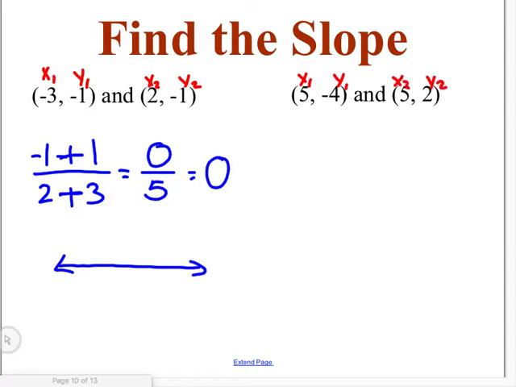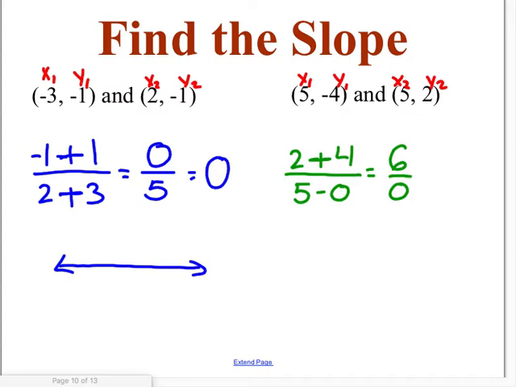The other one that we have over here, again, x1, y1, x2, y2. When I plug that in, I end up with an answer of 2 minus -4 over 5 minus 5. Minus negative turns into a positive, and I end up with 6 over 0. When you would plug that into your calculator and do 6 divided by 0, you're going to get what we call a divide by 0 error.